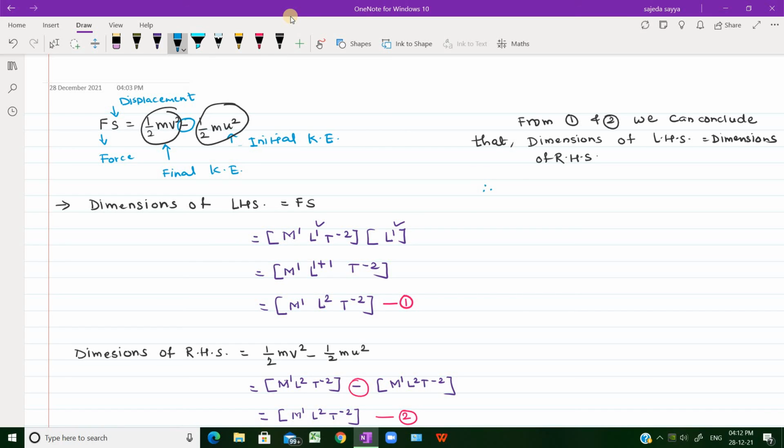Therefore, the given physical equation Fs equals half m v square minus half m u square is dimensionally correct or consistent.